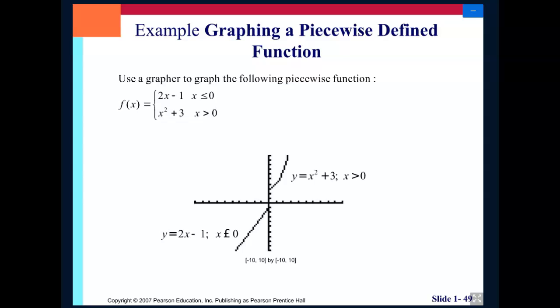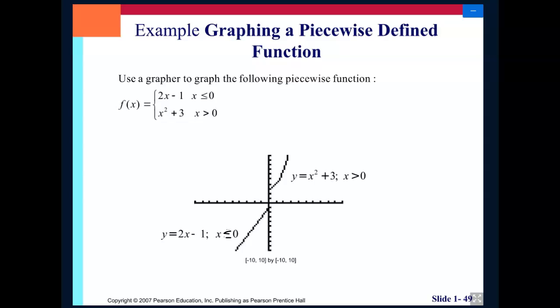We can graph piecewise defined functions by hand. You cannot graph them on a graphing calculator because our graphing calculator cannot account for where a function changes inequalities. So we can see here that the function is 2x minus 1 for x less than or equal to 0, and x squared plus 3 for x greater than 0.